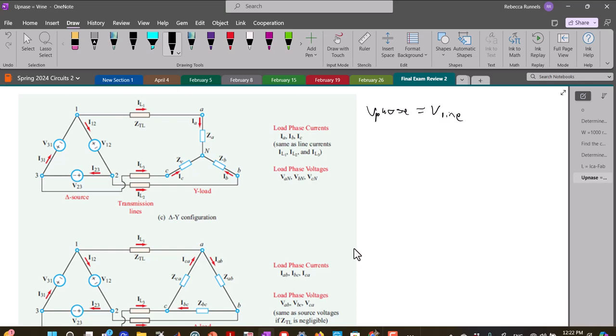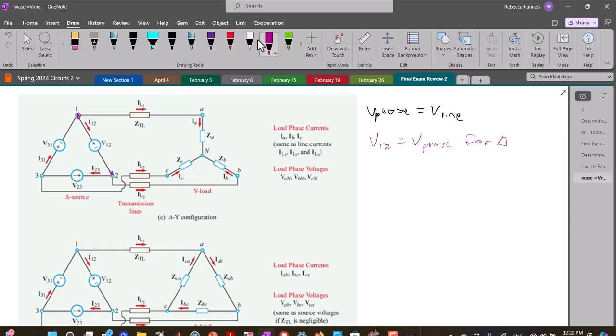So let's take a look at the delta configuration right here, and I'll look at V12. V phase is the voltage across that V12. So V12 is V phase for delta.